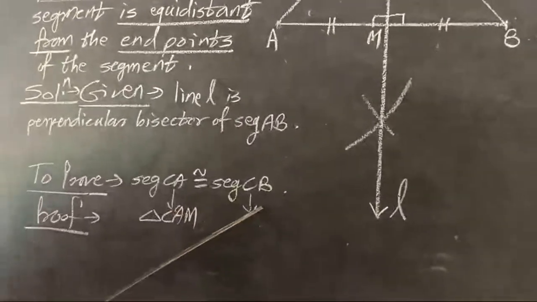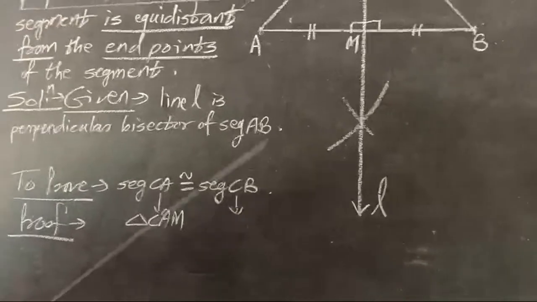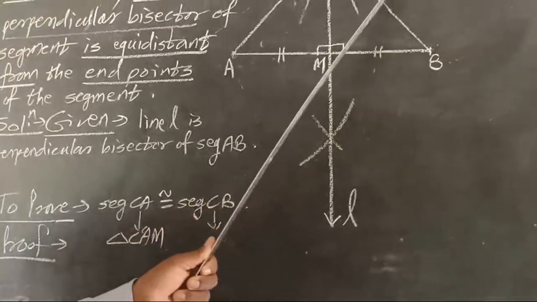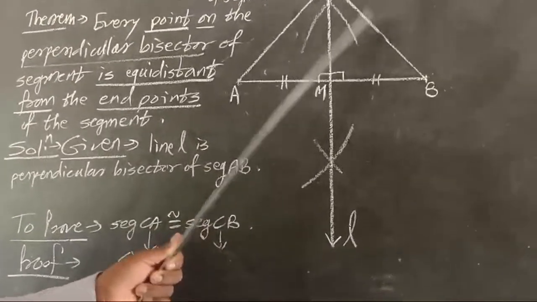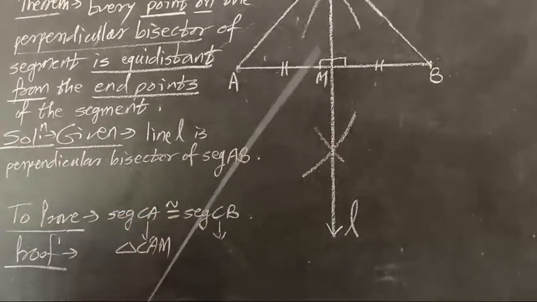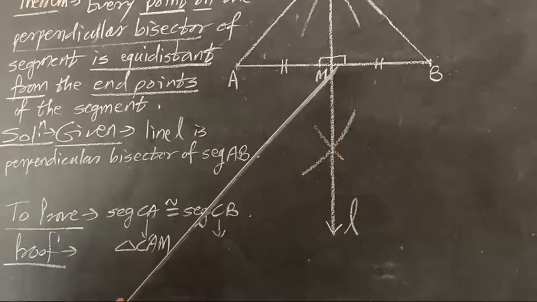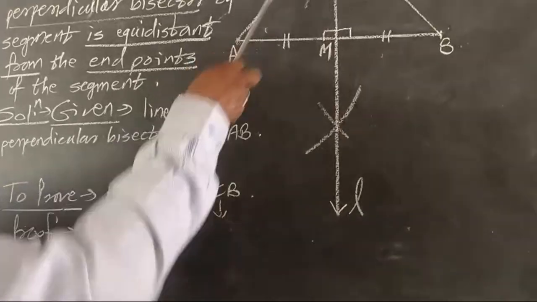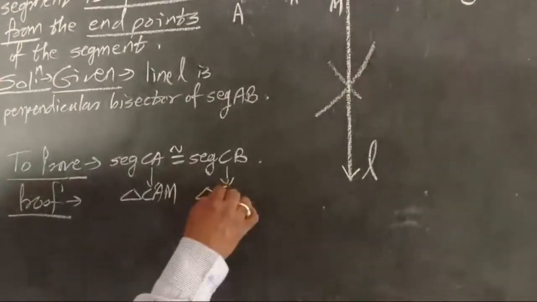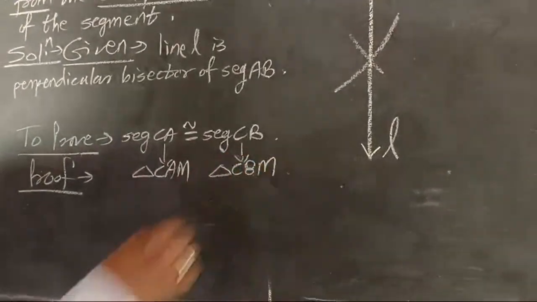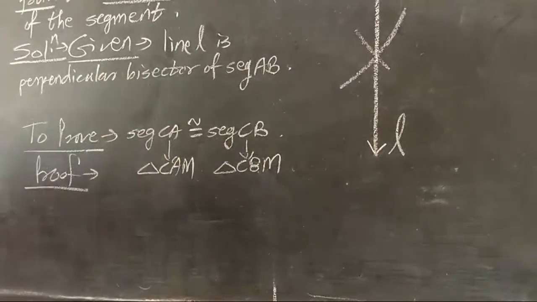And tell the name of the triangle whose side is CB. Triangle CBM. Triangle CAM and triangle CBM. That is the one-one correspondence in this way and in this way.